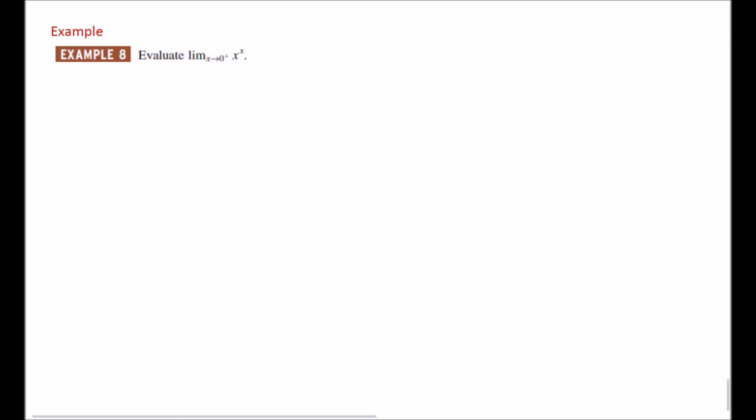You have to find the limit as x approaches 0 plus of x to the power x.